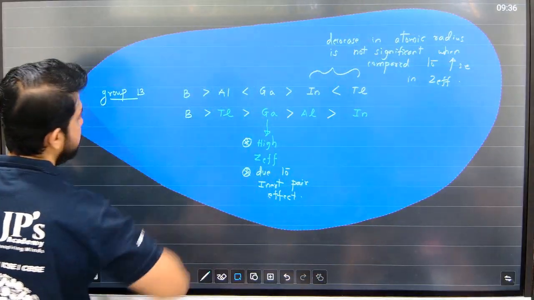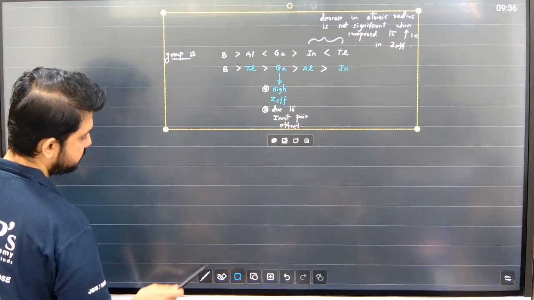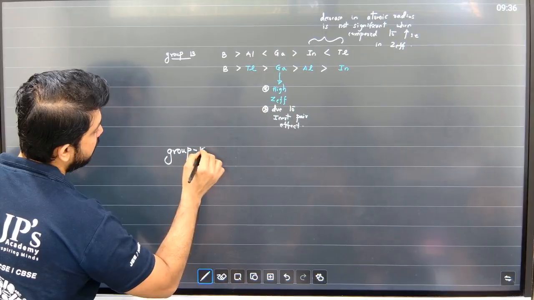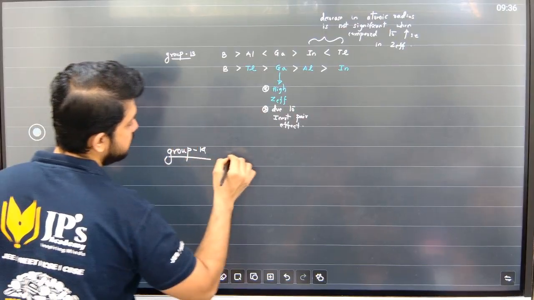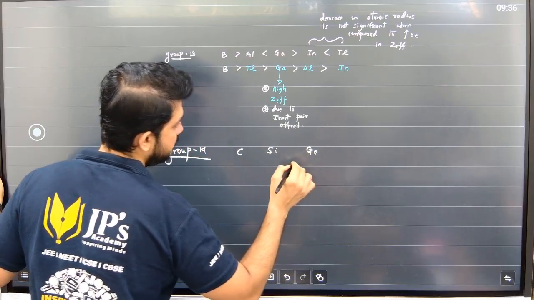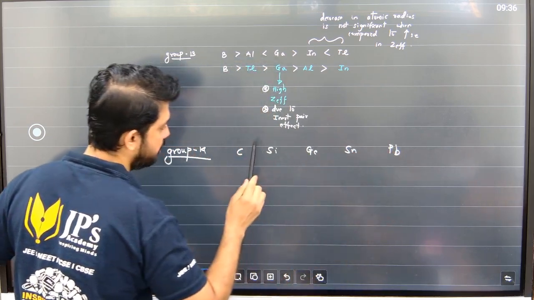Next, after group 13, can someone give me the elements of group 14? Group 14 elements please. Carbon, silicon, germanium, tin and lead. The trend should have been like this.